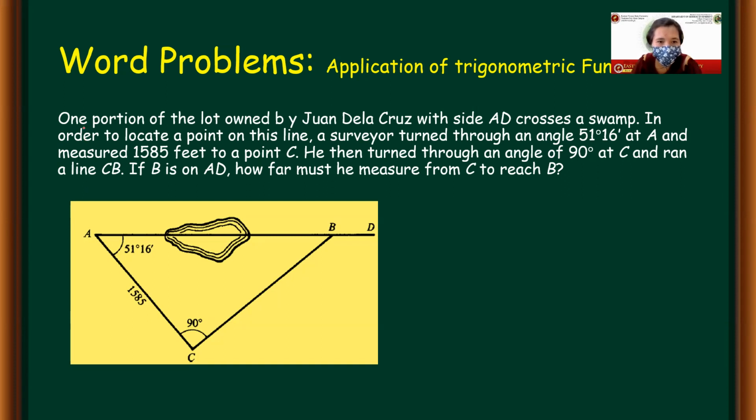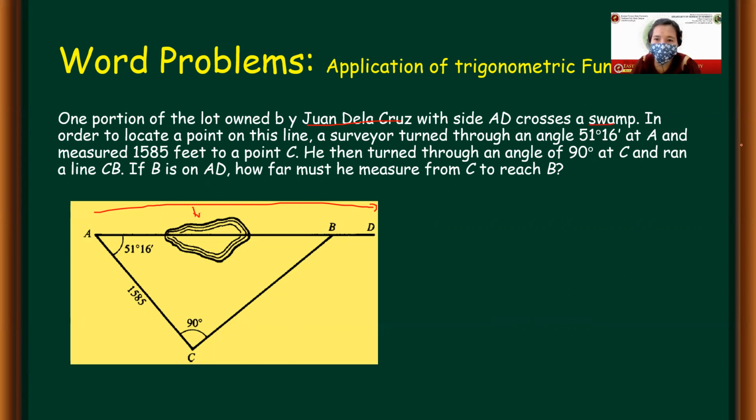So, one portion of the lot is owned by Juan de la Cruz. So, Juan de la Cruz has a property. Then, one side of his property, side AD, crosses a swamp. So, here is the illustration. So, this is the swamp.